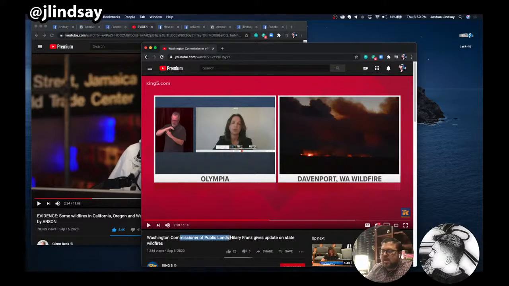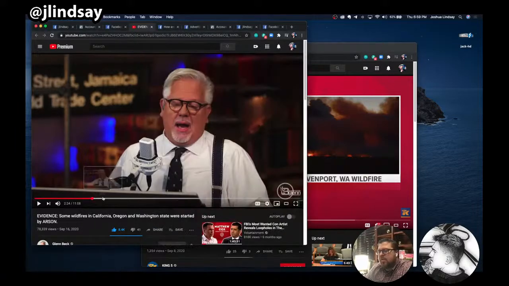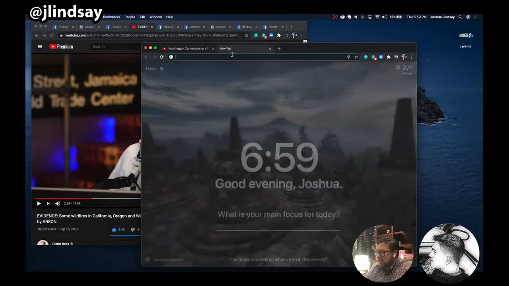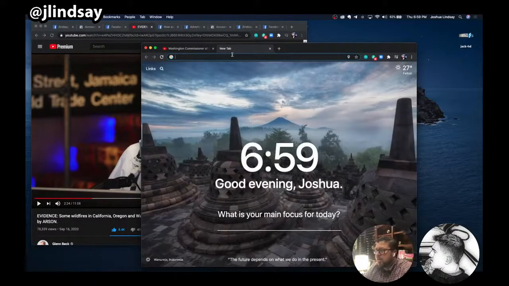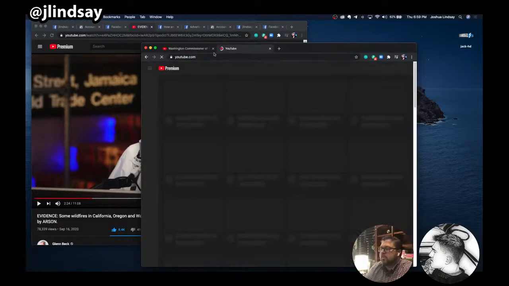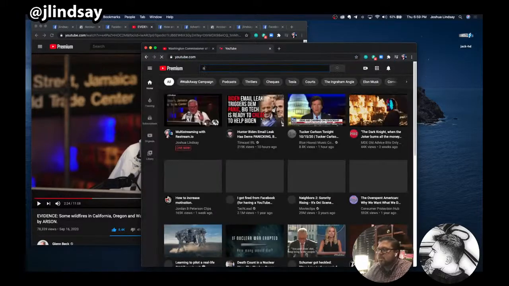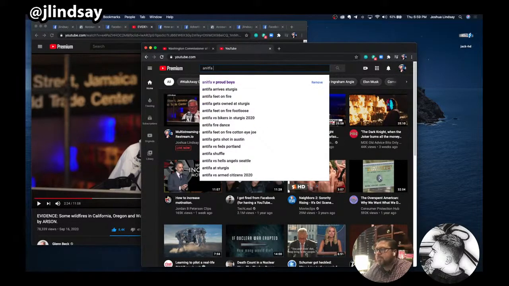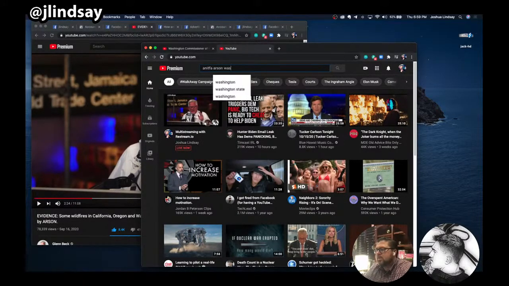That sounds like actual news. Now, the issue seems to be about connecting that to Antifa, who was, in fact, committing arson in Oregon, Washington, California, and New York. Antifa, arson, Washington State. Okay.